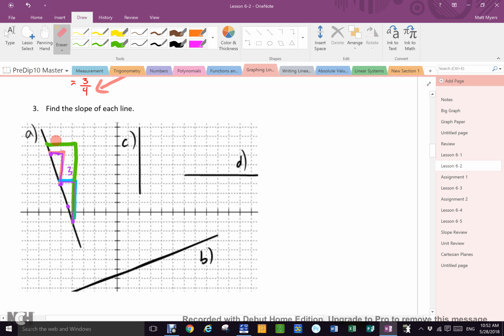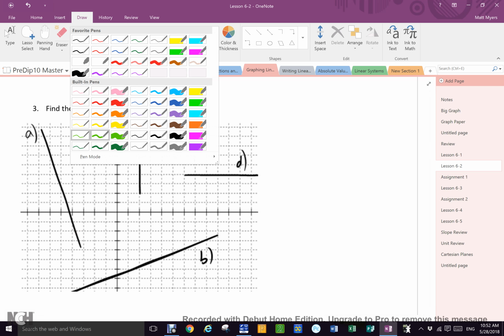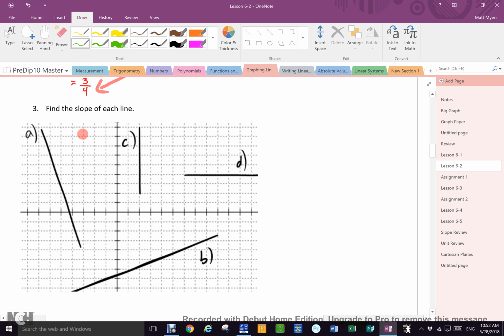Now, knowing what you know, try to do B. And I'm going to use green again because I used that for the right one. Give me some slopes for B when you have a few. As soon as you think you have a slope, tell me what you think it is. I've got a 3/7.